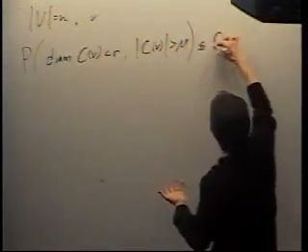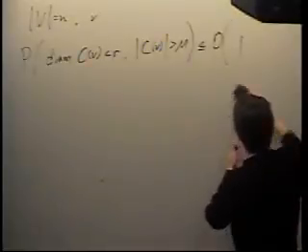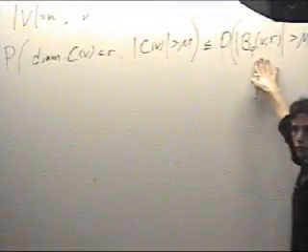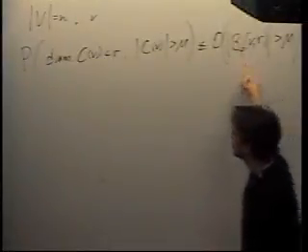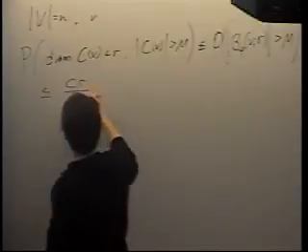So this event implies that the size of the ball surrounding v with radius r is bigger than m. But we know that this random variable has expected value which is about a constant times r. So this will be smaller than Cr over m.